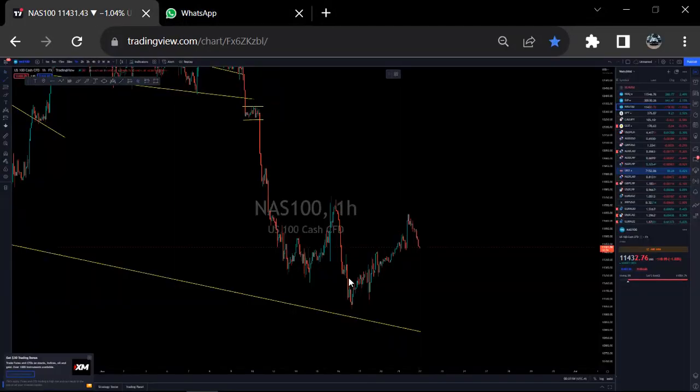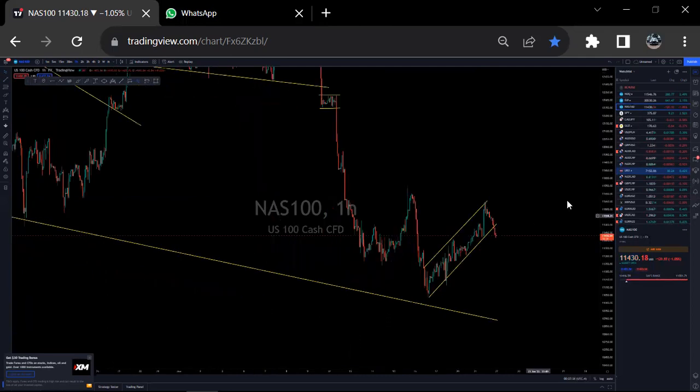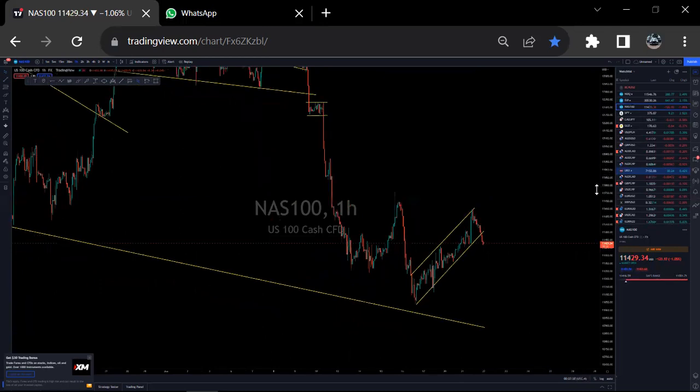I gave a signal here on Nasdaq because Nasdaq is like that. And the way it is right now, guys, we have formed what we call a steep flag. By the time you form something like a steep flag, it says a lot, and we broke that level. So right now is the right time to trade Nasdaq.